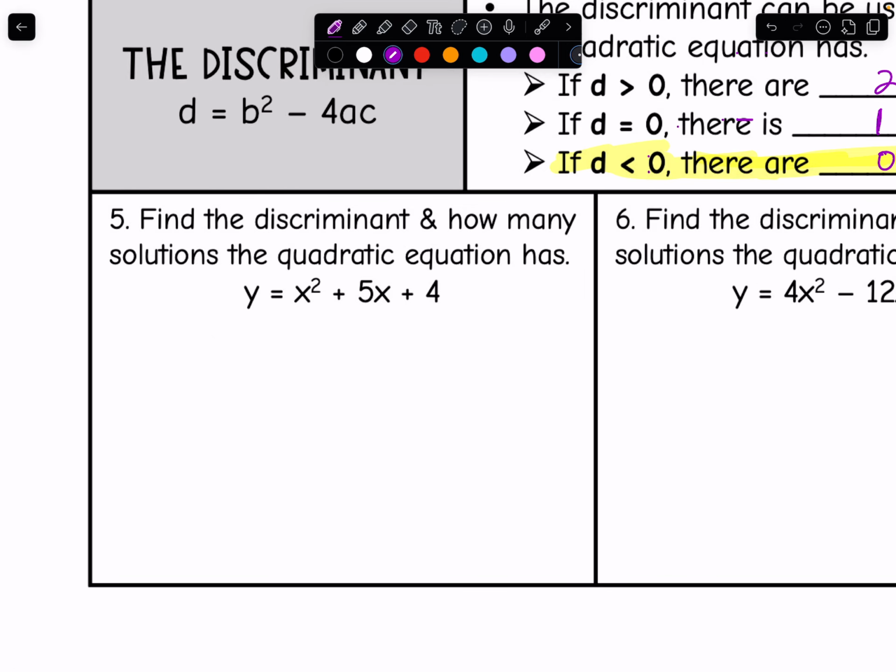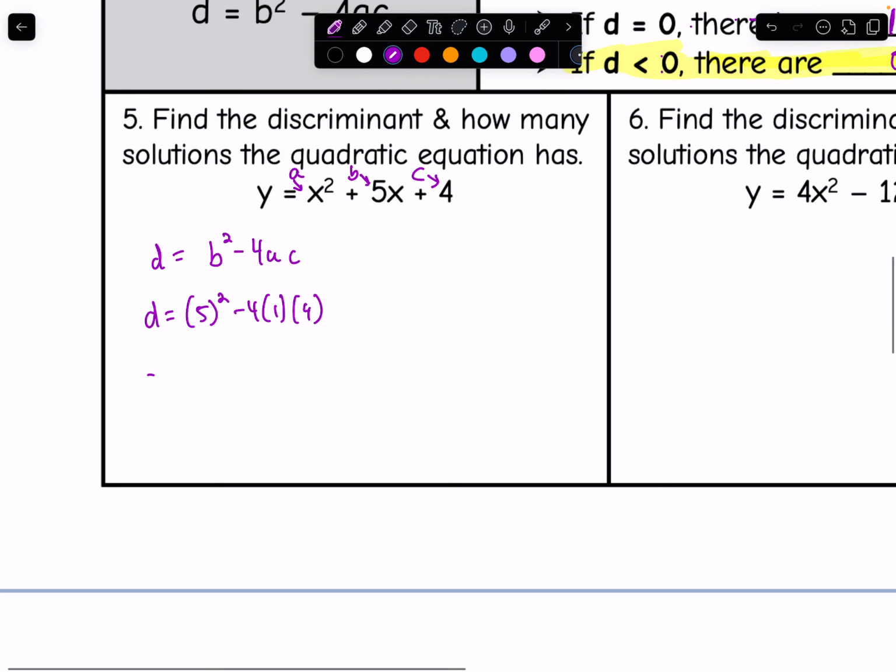So the discriminant is b squared minus 4ac. We'll call it D for discriminant. D equals 5 squared minus 4 times 1 times 4. Remember, because a is 1, b is 5, c is 4. So if I do this out, I get 25.